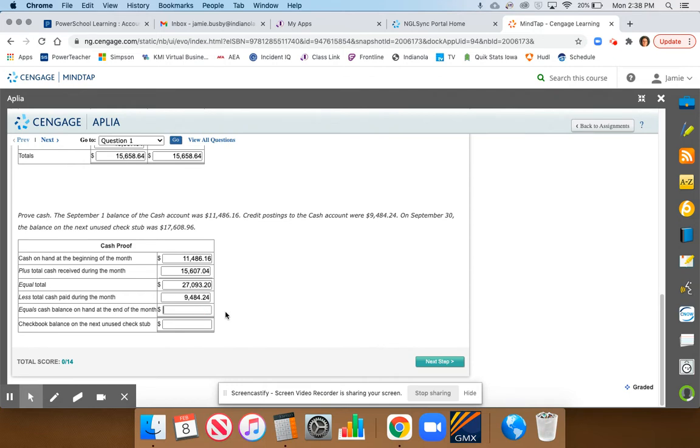Subtract that, and we are left with $17,608.96. Instructions tell us that is how much we should have, $17,608.96. We prove what we have in our journal matches what we actually have at the bank. That is a good thing.